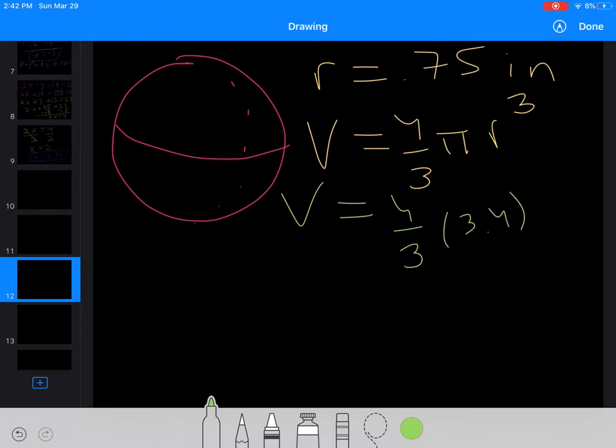3.14 and 0.75 cubed. Okay. And with our calculator, when we do 4 divided by 3 times 3.14 times 0.75 cubed, make sure you do in parentheses 0.75 in your calculator and push the caret button and put a 3 by it.